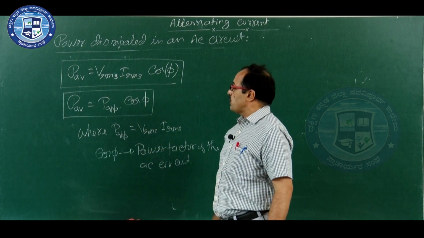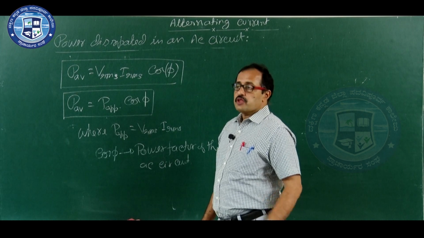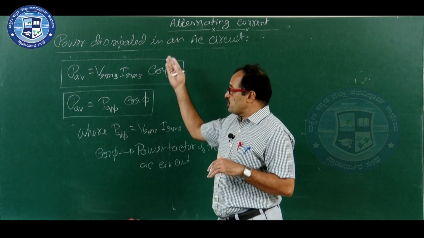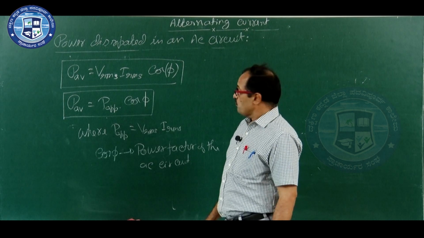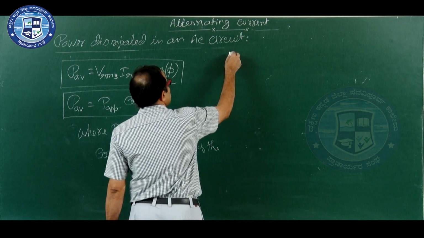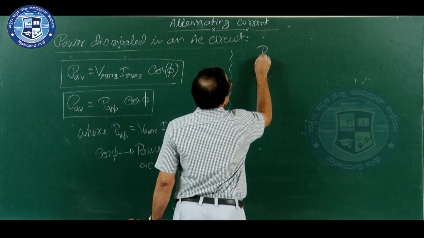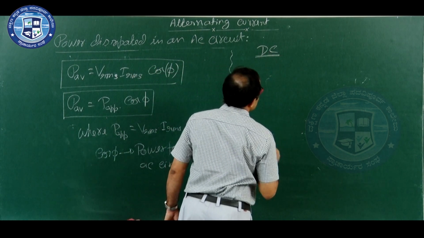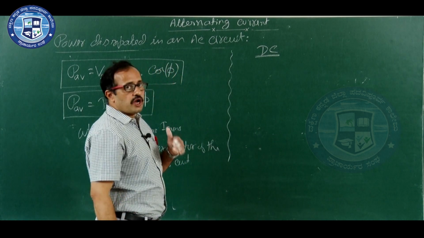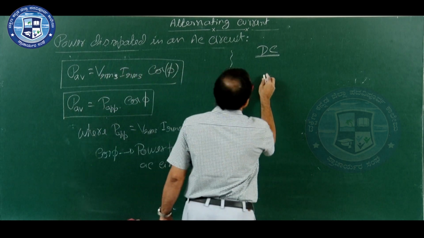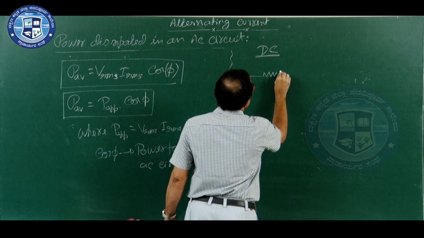Why this is known as apparent power? For that, we have to compare this equation with DC circuit. What is the meaning of that? If you take a DC circuit and you want to calculate power consumption, we take one simple circuit, DC circuit.